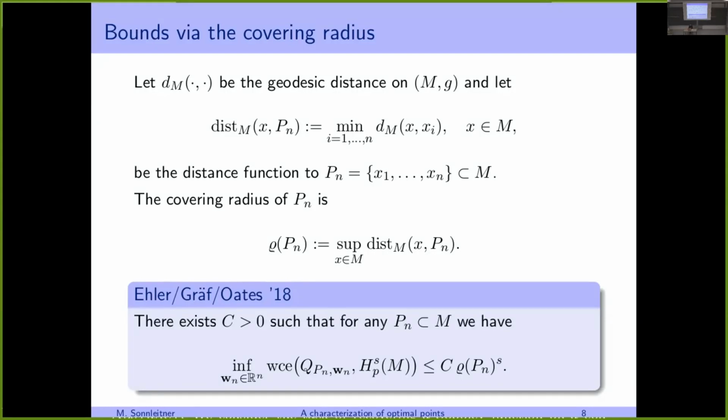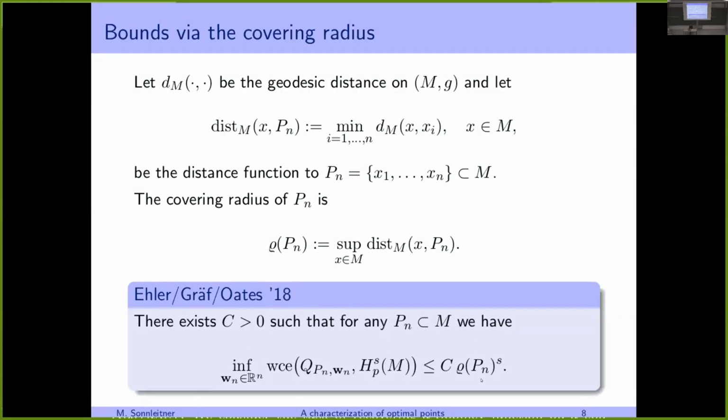And with this geometric notion, one can bound the quality of the point set with respect to numerical integration as follows. There's a result by Ehler, Gräf and Oates, that there exists a constant such that for any point set P_n, we can bound it by this constant times the covering radius to the power of s.